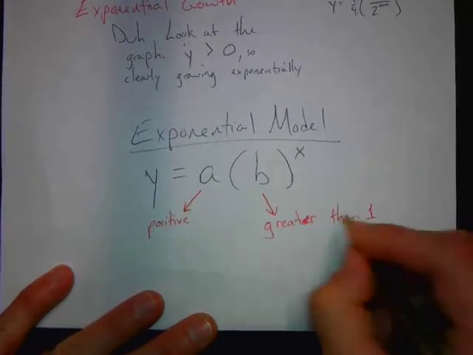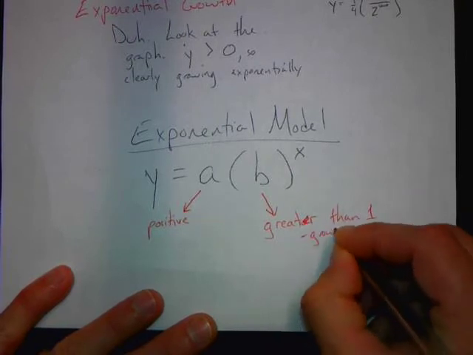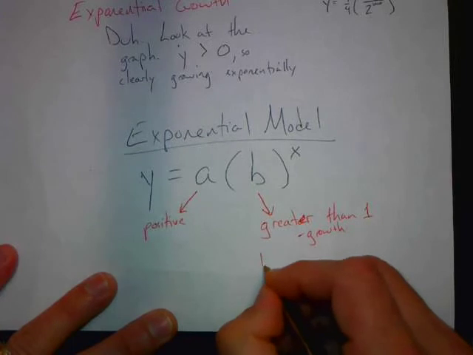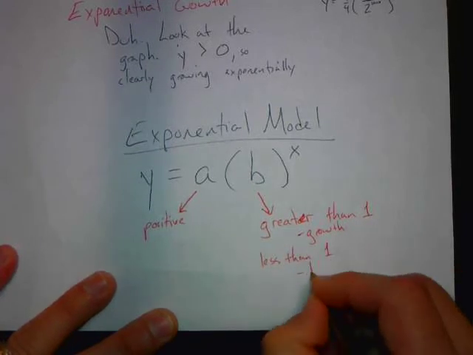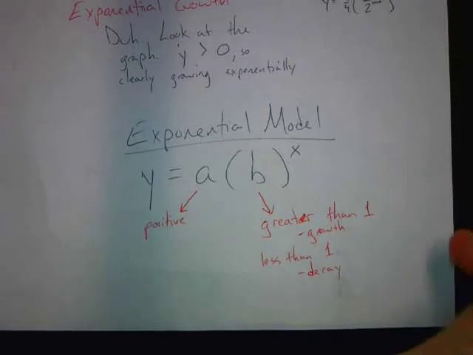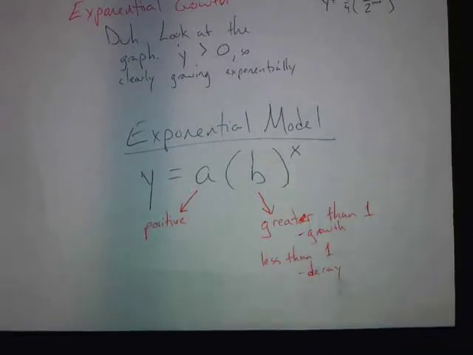It's exponential growth. If it's less than 1, then we're dealing with decay. So if it's greater than 1, we're dealing with exponential growth. If it's less than 1, it's exponential decay.